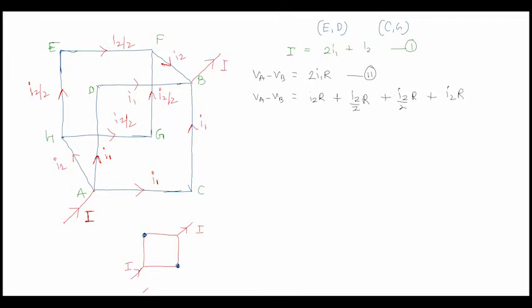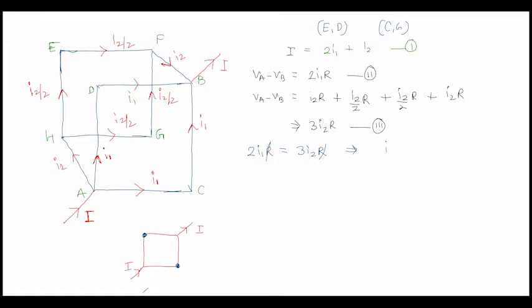So this over here will combine together to give us 3I2R. So this becomes my third equation. Now I can say that 2I1R is equal to 3I2R, and we get a relation between I1 and I2.